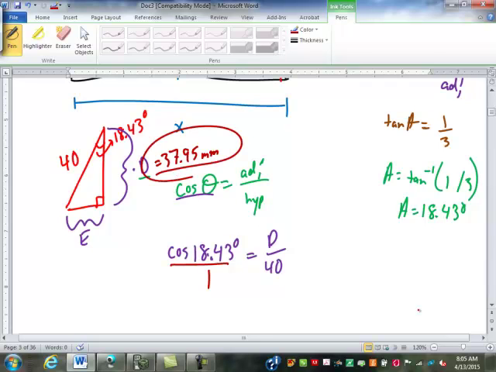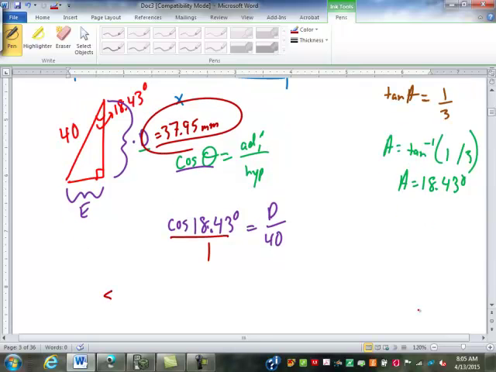E then, we can either do a squared plus b squared equals c squared, or, while I'm at it, since we got the trig functions out, I'm going to do sine of an angle. Since E is the opposite side, and it's still 18.43 degrees. E is my opposite side over 40 is my hypotenuse.